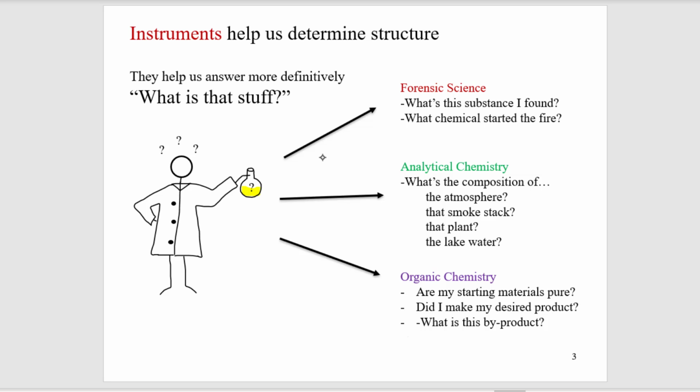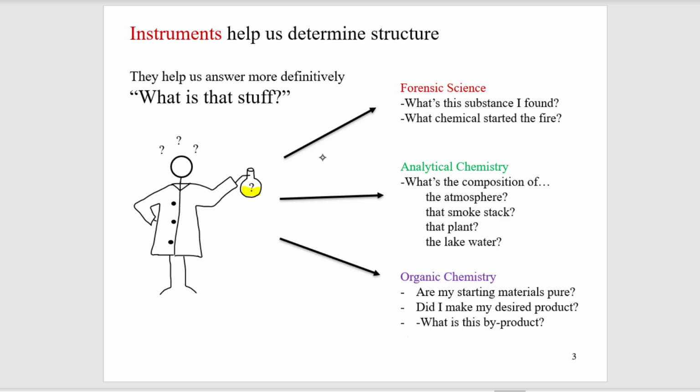Analytical chemists use instrumentation all the time to figure out what that stuff is, right? Smoke coming out of a stack. Is it a pollutant? How much is it? Is that the bad pollutant versus the maybe more benign water condensation that we see? The atmosphere, studying the components of the gaseous molecules in our atmosphere. Do we have more of one substance over another? What is the composition?